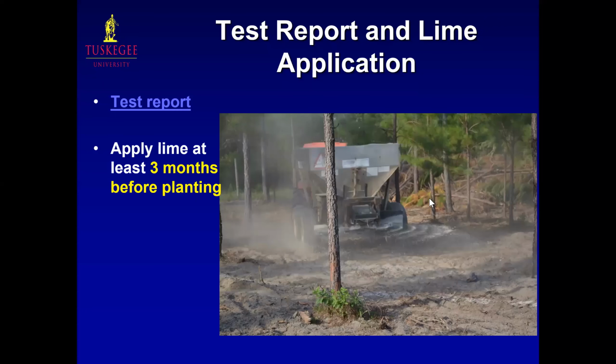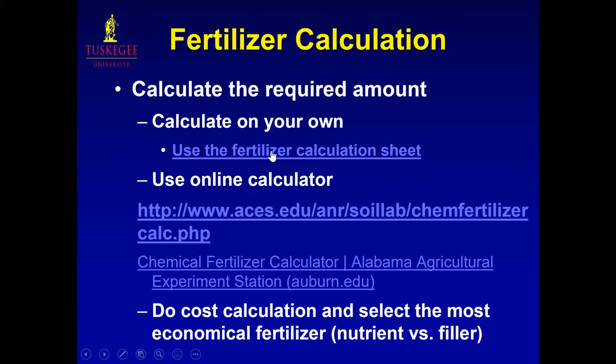Based on that soil test report, we have to apply lime 3 to 6 months prior to planting. This is the picture showing lime being applied in the field. Application of lime is very straightforward.